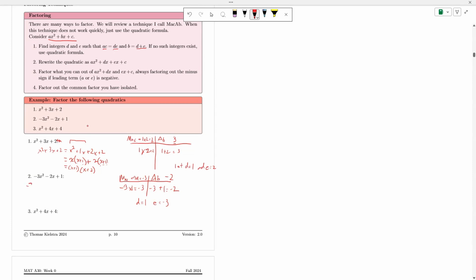So we have minus 3x squared minus 3x plus 1x plus 1, that's what our expression equals. And now I'm going to factor the first. So this equals minus 3x, x minus 1. Let me write that a little bit cleaner.